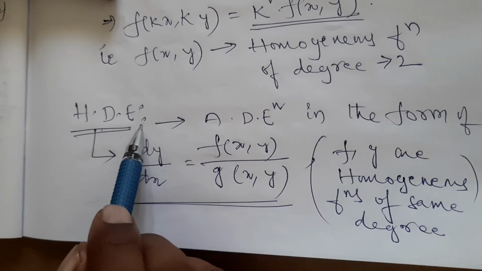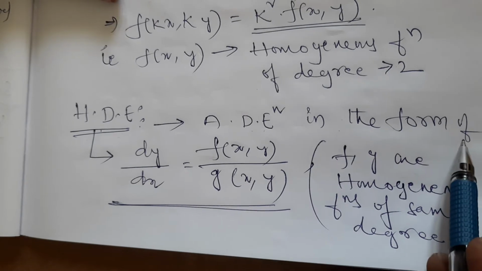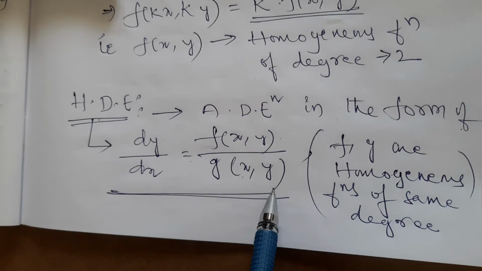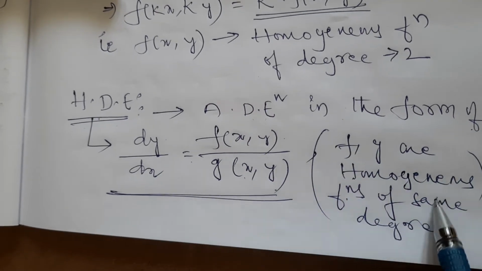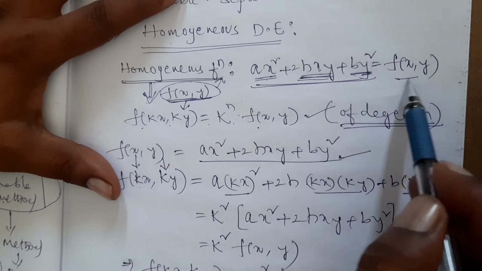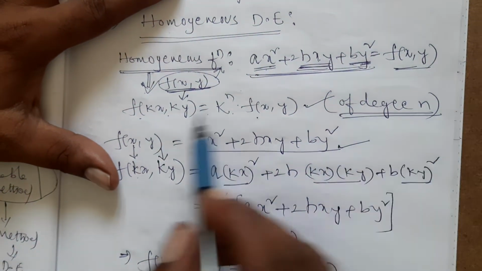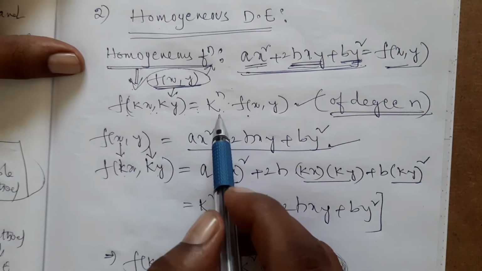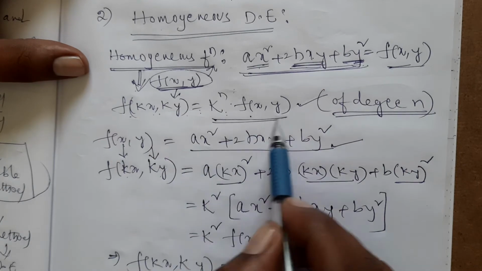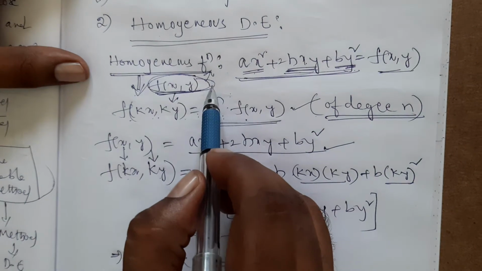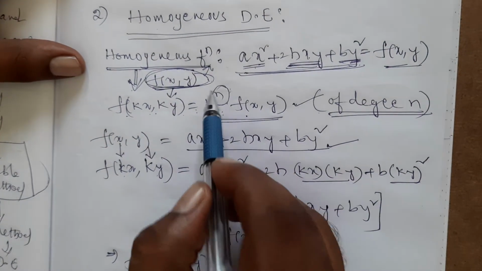Homogeneous function means, if f of x comma y is a function and you find f of kx comma ky and are able to write it as k power n into f of x comma y, then f of x comma y is called a homogeneous function of degree n.